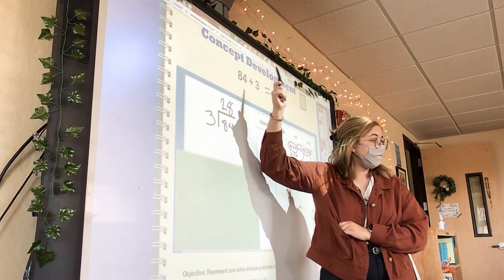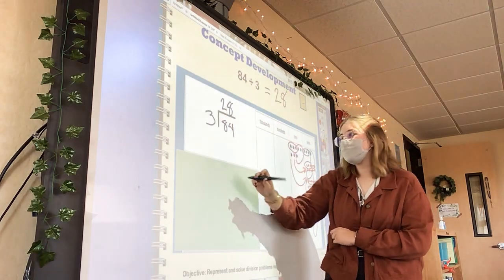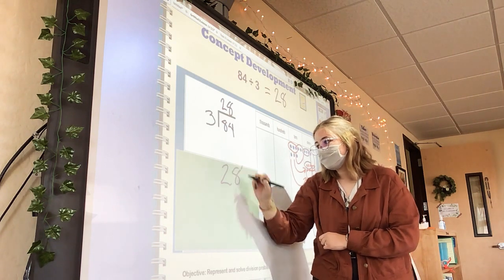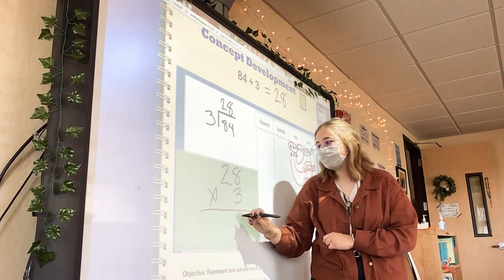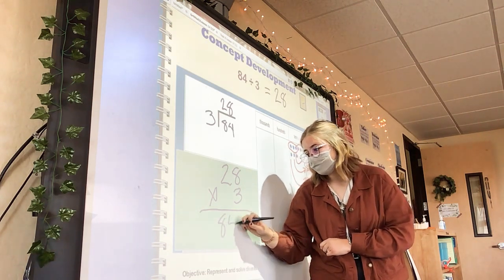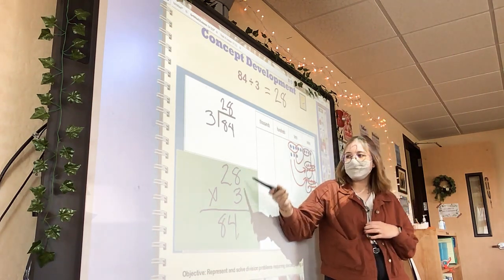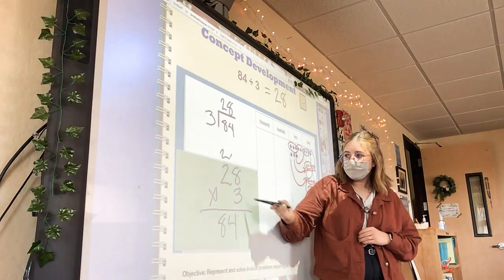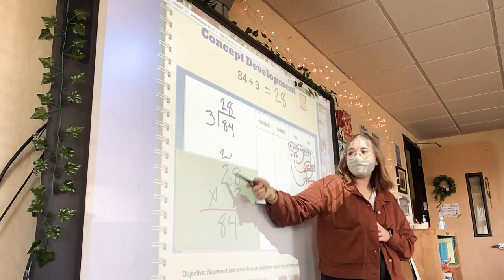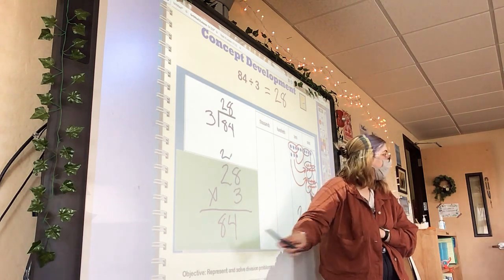Over here we had 84 divided by 3 equals 28. So you multiply the quotient by the divisor to get the dividend. Does everybody get that part? When you see that multiplication, you take your quotient times the divisor, and it should give your dividend. Because 3 times 8 is 24, so the 4 comes down, the 2 goes over, 3 times 2 equals 6, plus 2 is 8, okay?